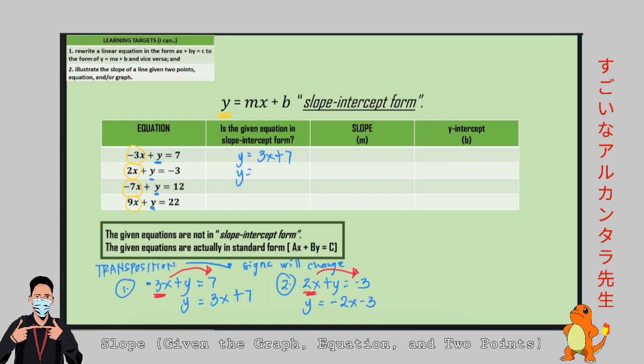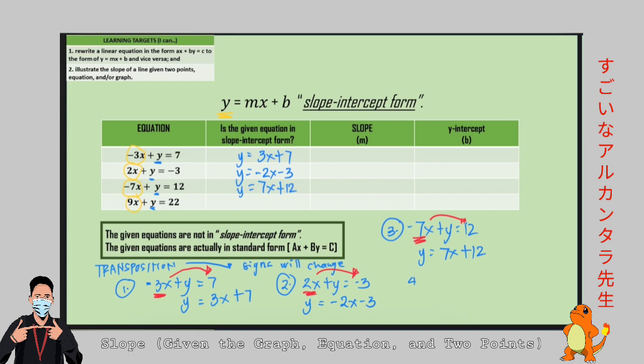That is our new equation in slope intercept form. For the third example, we have negative 7x plus y is equal to 12. We want the y to be alone, so we move the negative 7x to the other side. Since it is negative, it should become positive 7x. Then since 12 is positive, plus 12. Y is equal to 7x plus 12.